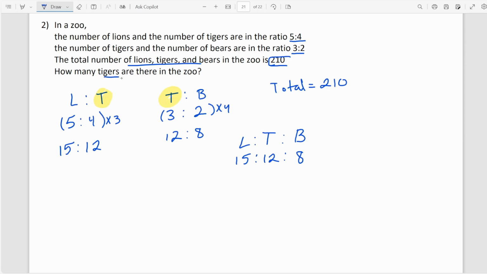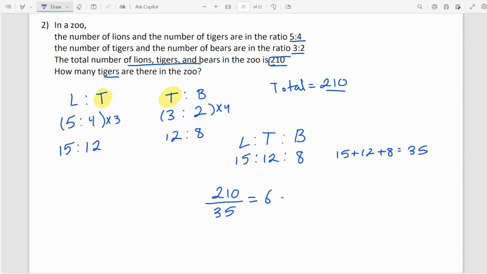Now, how many tigers are in the zoo? There's 12 parts, but I need to figure out how much one part represents. By dividing 210 over the total parts, I will add 15 plus 12 plus 8, 20, 35. So I will write 35 over here, and I will plug this on the calculator, and we get 6.